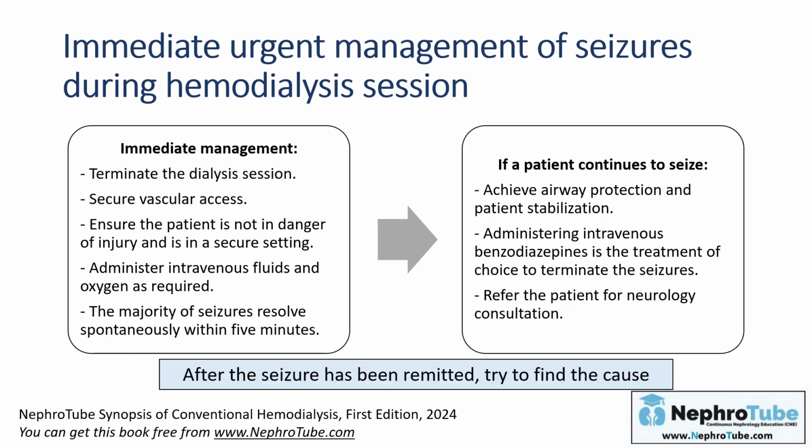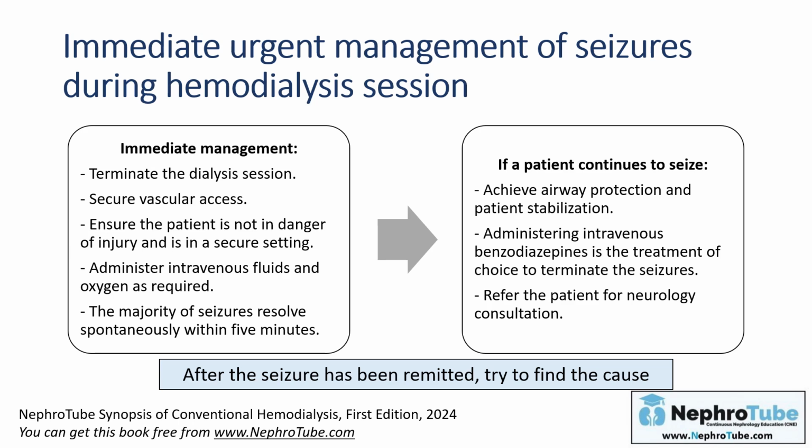After the seizure has remitted, you have to find the cause. First of all, one of the causes of convulsions is disequilibrium syndrome, which actually is a diagnosis of exclusion. So what to do in a patient with convulsions on hemodialysis? First, assess vital signs, because we mentioned that both hypotension and hypertension can cause seizures.